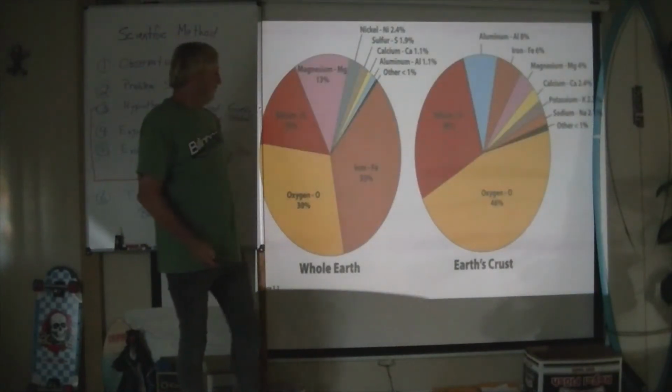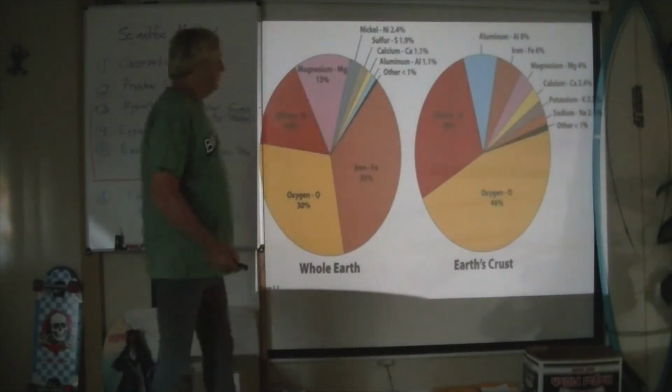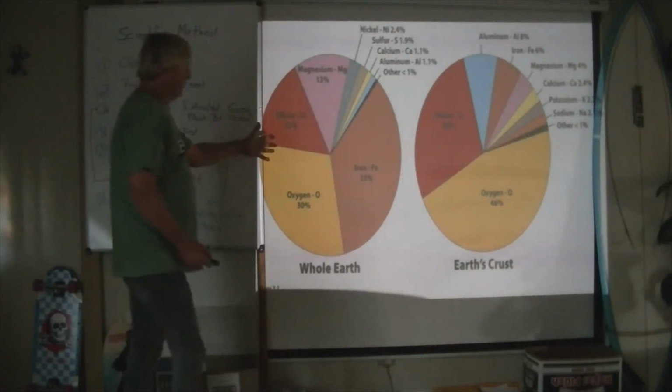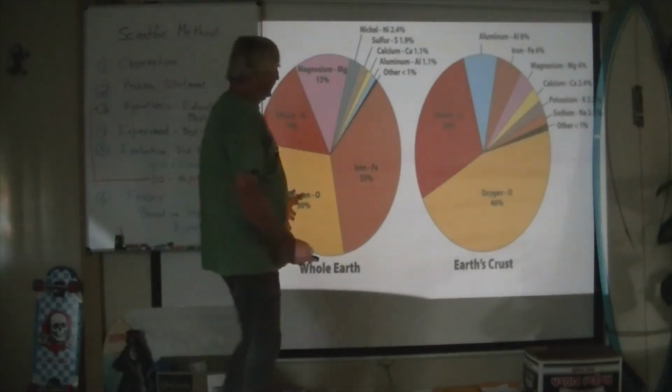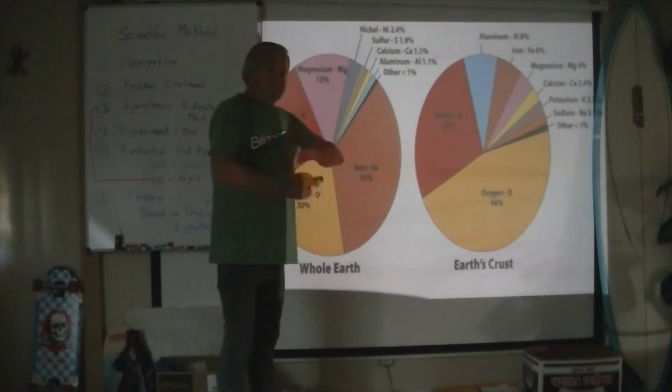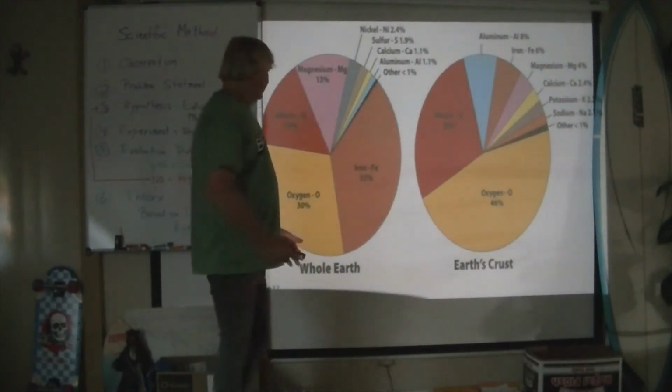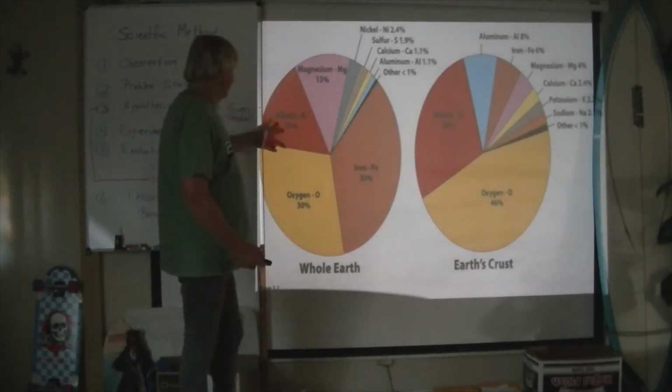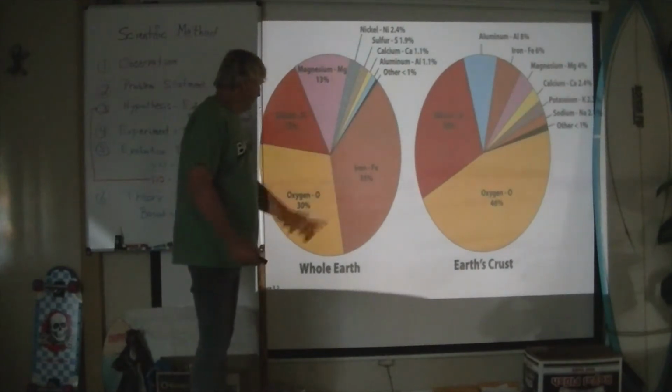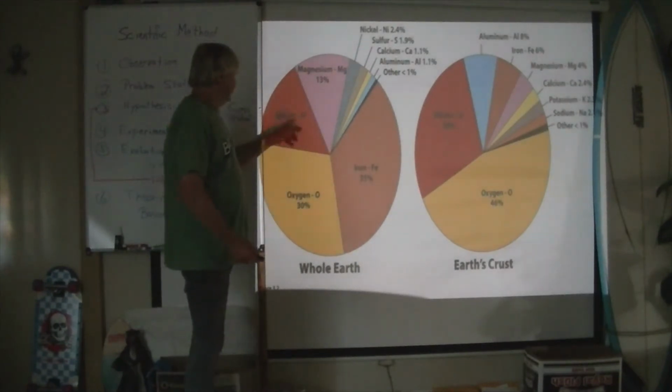So here's a diagram showing the Earth's crust versus the whole Earth. So notice that the whole Earth, if you took the crust and the liquid, melted everything, remelted it, we basically consist of three essential elements: iron, oxygen, and silica.